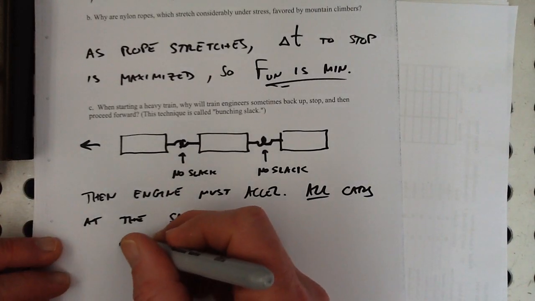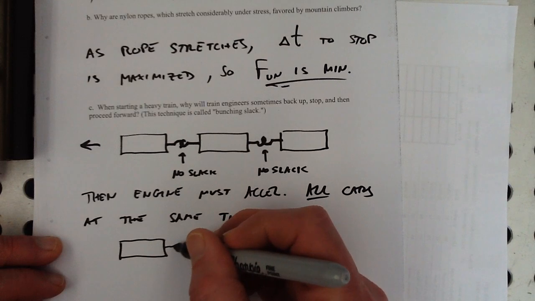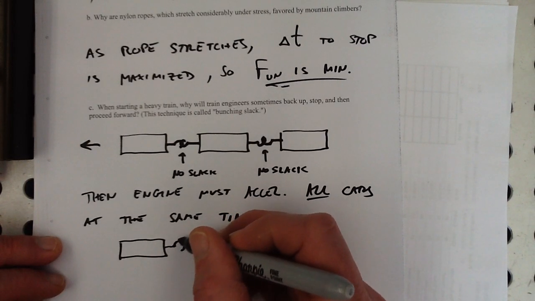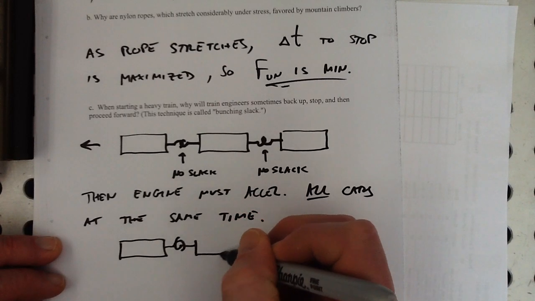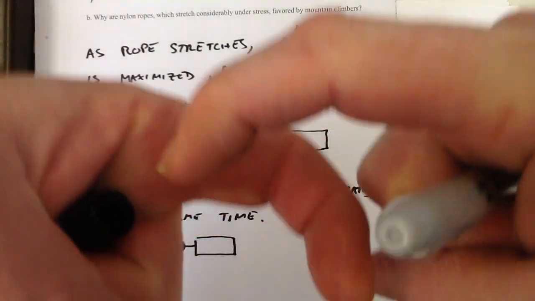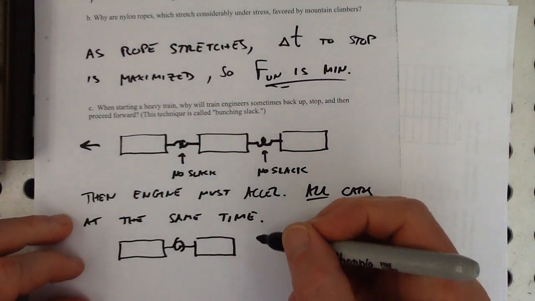But I'm going to try to exaggerate here. Let's say there's some slack here. That's my best drawing of them not touching each other yet, so there's a little bit of room there.